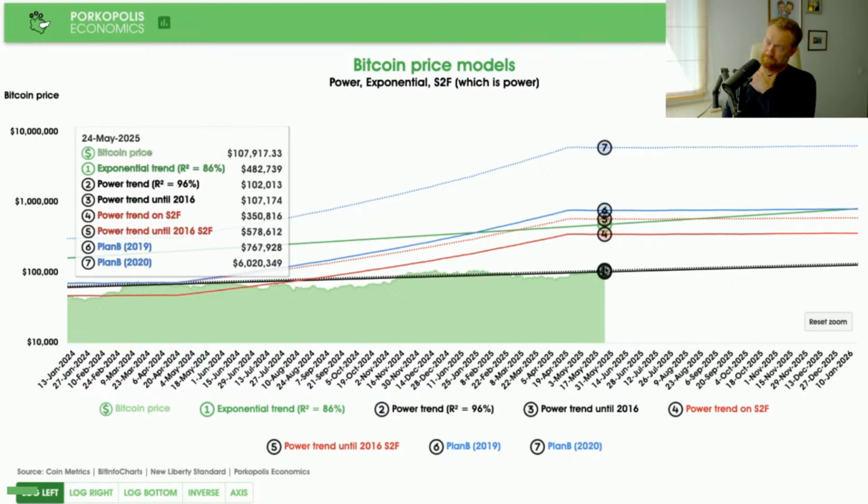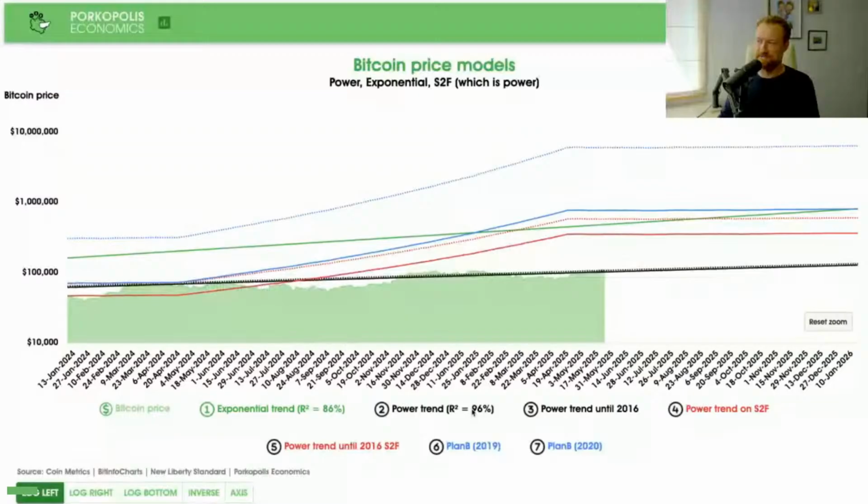So we've been in Bitcoin for 6,000 days. It's roughly 6,000 days of Bitcoin, the system. That's my solid black line. Data.